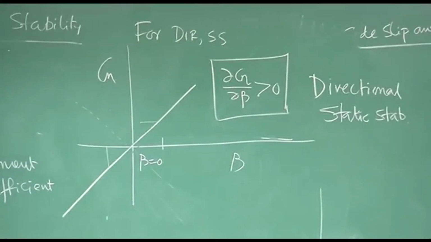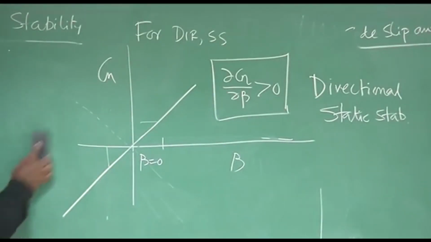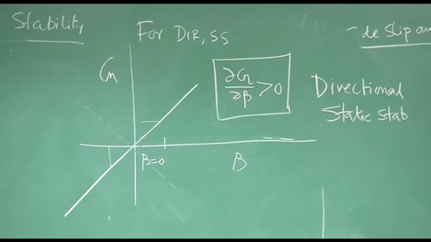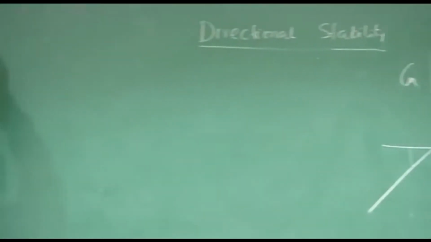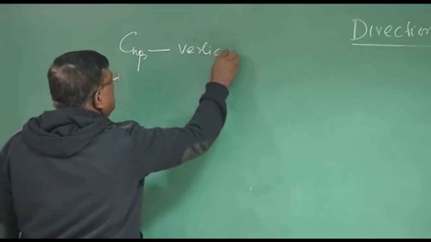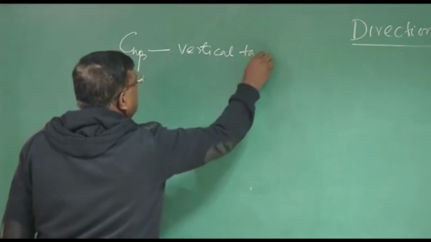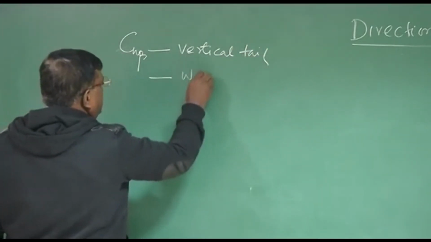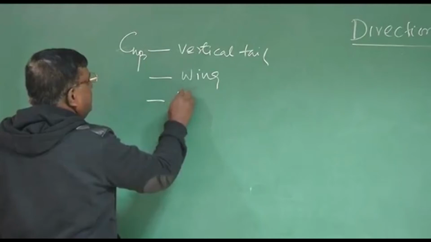So now see who are going to contribute towards this. As all the time we do, Cn beta I can get from vertical tail primarily, I can get from wing, I can get from fuselage.